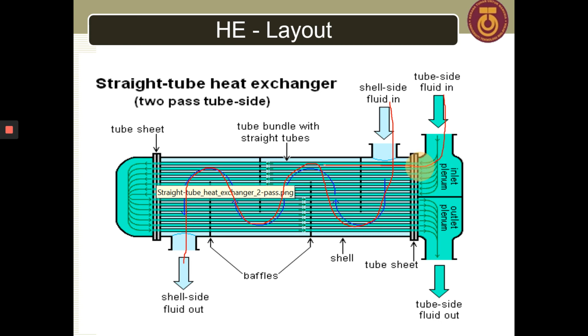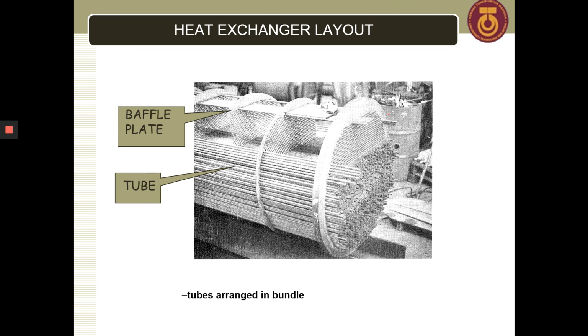That means it goes here, then it comes out here. It makes a U-turn. It makes one turn. So this is called a two-pass heat exchanger. So this is the heat exchanger layout.